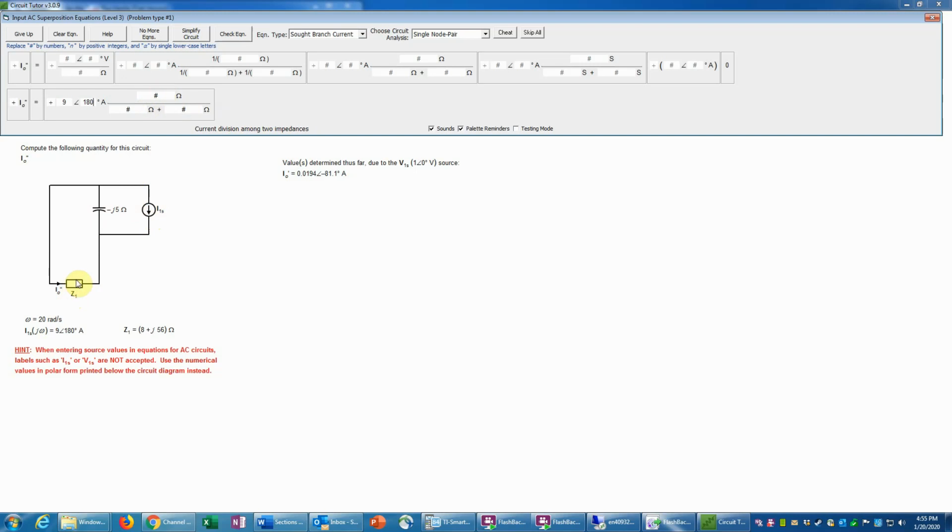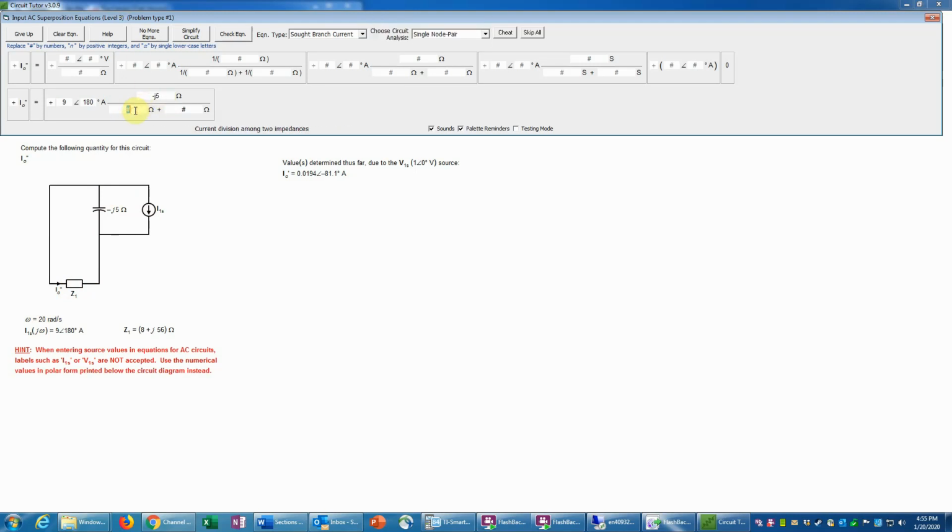If we put this impedance and it were smaller than the other one, then we'd get less current, and then we'd be saying basically current takes the path of most resistance, which of course is not correct. Current tends to take the path of least resistance. So that's a way of helping remember that it's going to be the other impedance in the numerator of the current divider formula. So in that case, this is the negative J5.